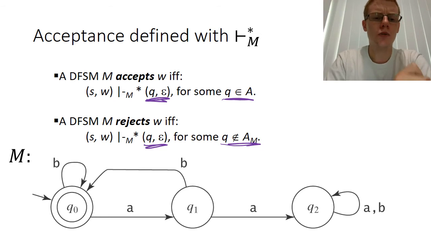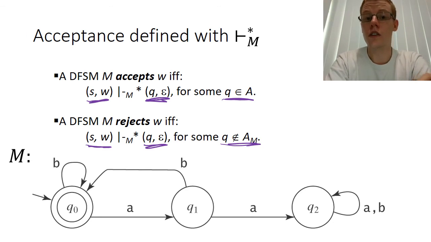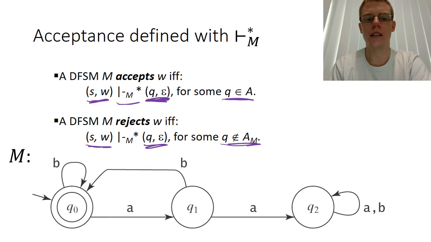And we know that we have an initial configuration for any particular string. So, a deterministic finite state machine accepts if and only if the start configuration is related to an accepting configuration by the yields operation. Because only one possible step can be taken at each point given any particular input for a deterministic finite state machine, we know that there won't be multiple pairs related for a given input.